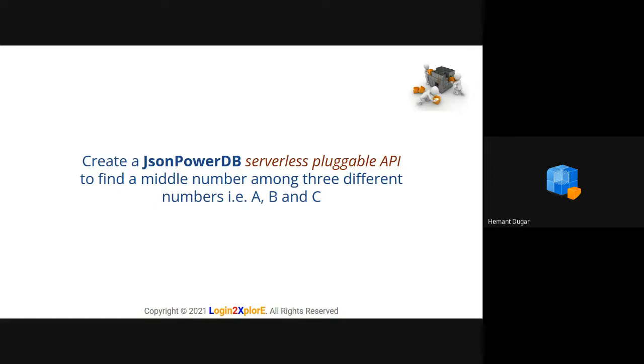There is a problem: somebody wants to create a JSON Power DB serverless pluggable API to find the middle number amongst three different numbers, that is A, B, and C. Just read this question carefully to understand it, and let's see how we are going to code this inside JSON Power DB.